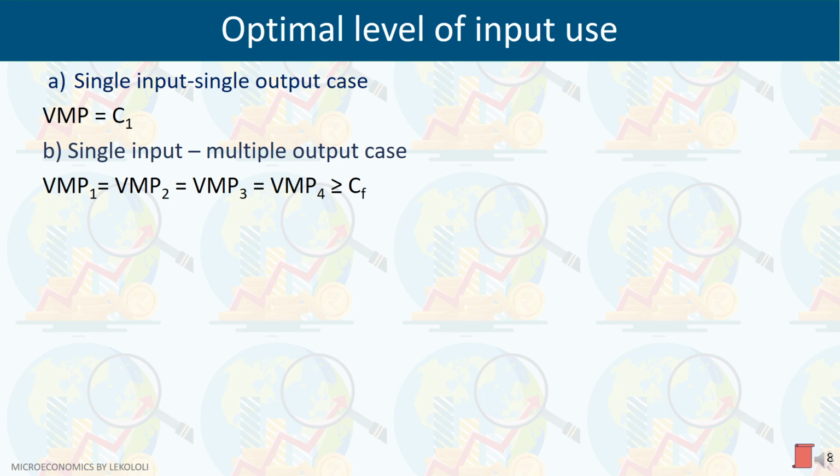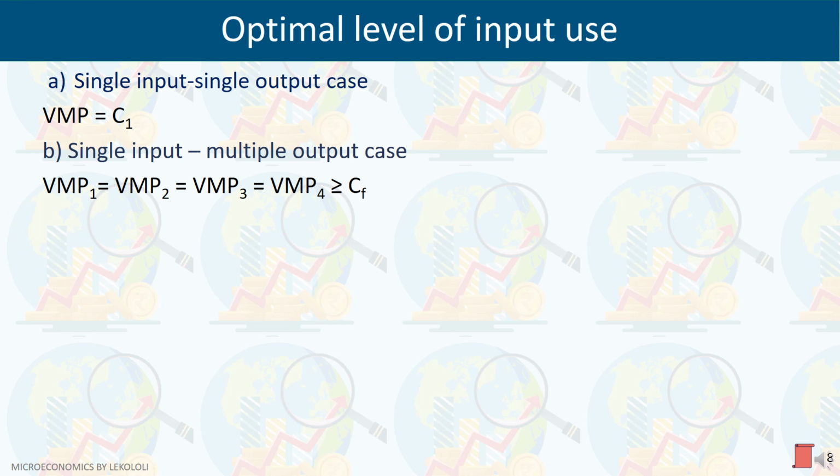So it's the point of maximum profit. The value of the marginal product of the input is equal to its cost, which makes sense, right? You are getting as much value from the input as you are paying for it.